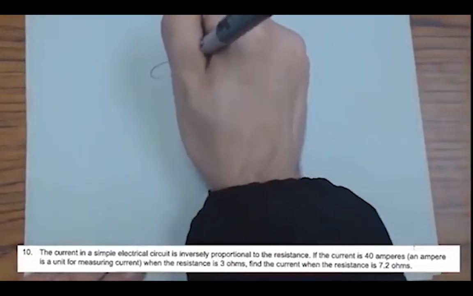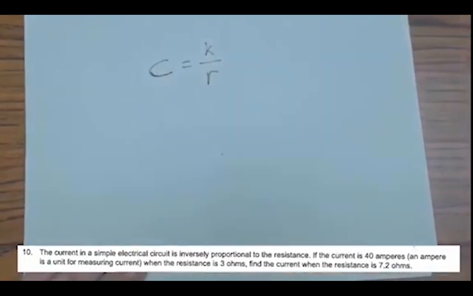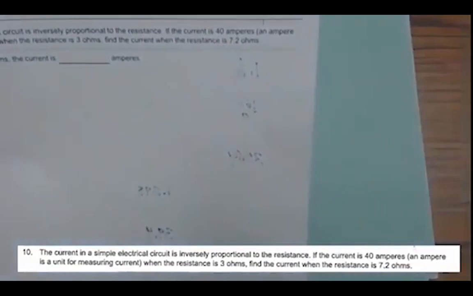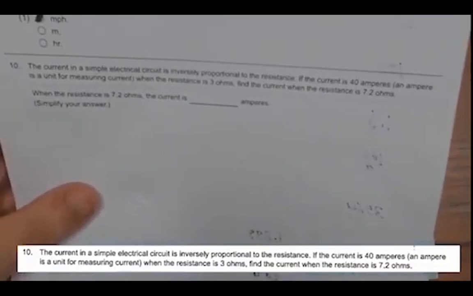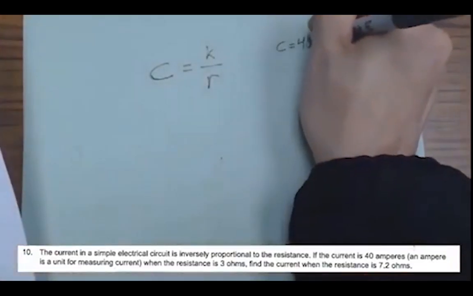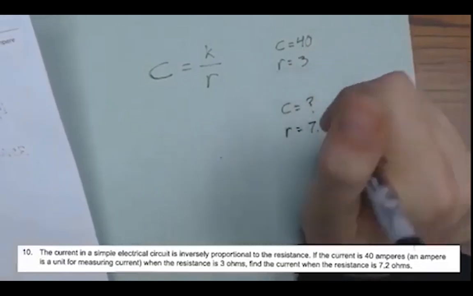C is inversely proportional to R. If the current is 40 amps when the resistance is 3, so C equals 40 when R is 3. Find the current, C equals what, when the resistance is 7.2 ohms, when R is 7.2.